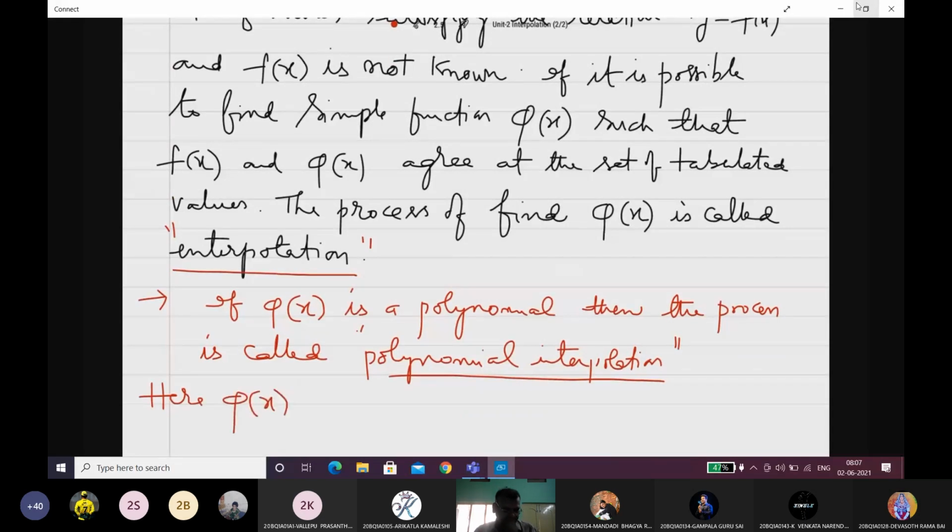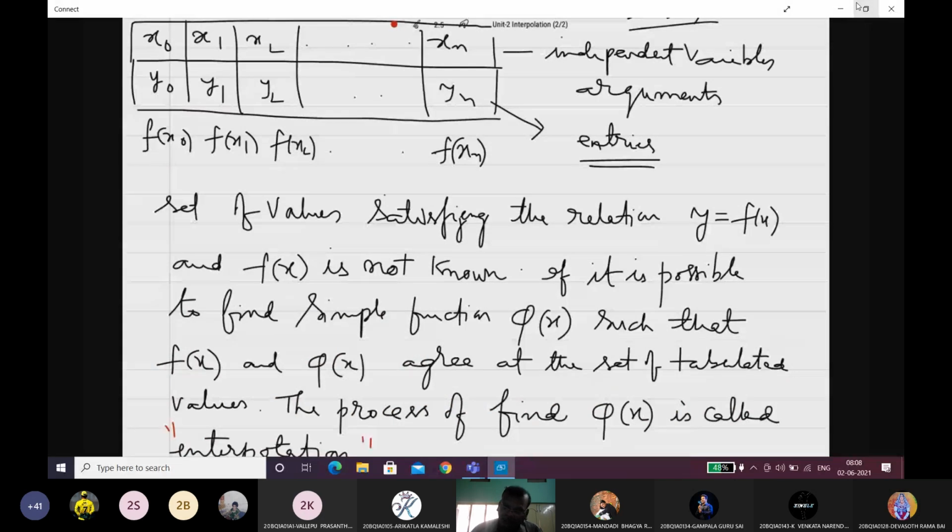That is the simple definition. Suppose we are computing the unknown value of y by using this function pi of x between x0 and xn.